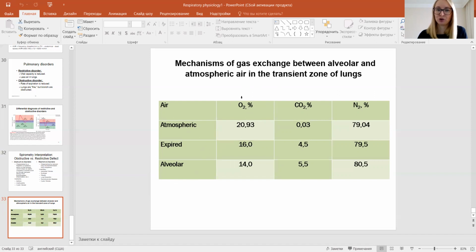You can see that the concentration of oxygen in atmospheric air is almost 21%, while the concentration of oxygen in exhaled air is only 16%. So this gradient is the driving force of diffusion gas exchange in the transitory zone of the lungs. And this gradient exists for all other gases, with concentration present in each of these types of air.